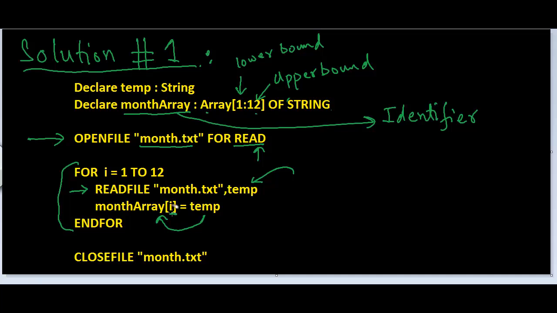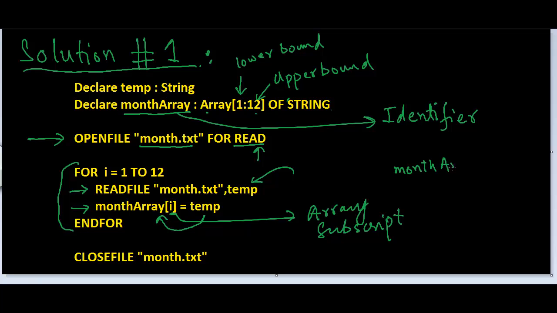And this I here, this I is being used as the array subscript, and we know as the loop runs, the value of I is going to go from 1 to 2 to 3 to 4 all the way up till 12. So each time when this instruction executes, we are effectively going to have something like this. So this loop runs the first time, our instruction effectively becomes month array 1 equals temp.